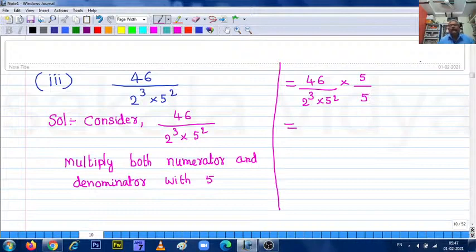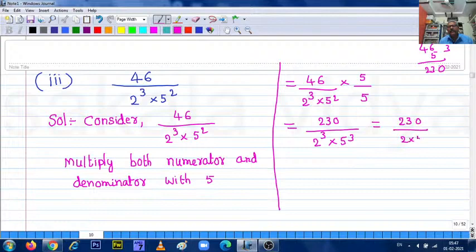Now 46 into 5. 5 6 ja 30, 5 4 ja 20, 230. This will be 230 upon 2 cube into 5 square into 5, that is 5 cube. This we can write 230 upon 2 into 5 whole cube. So this equals 230 divided by 10 cube.